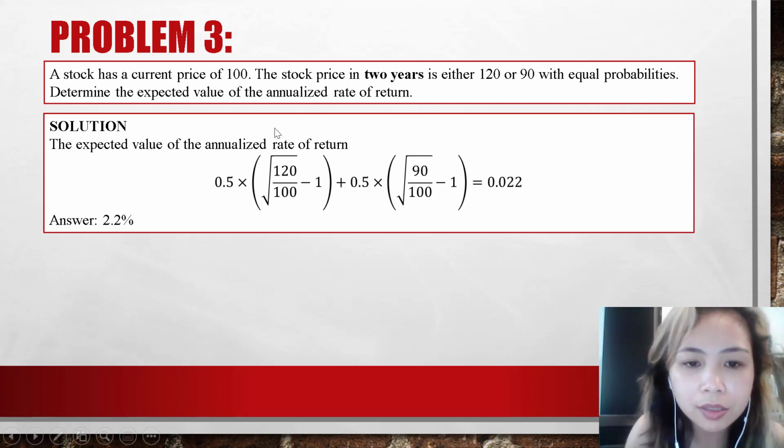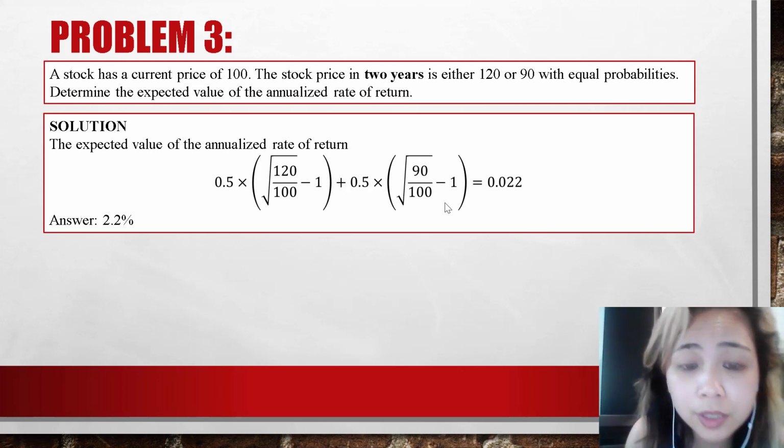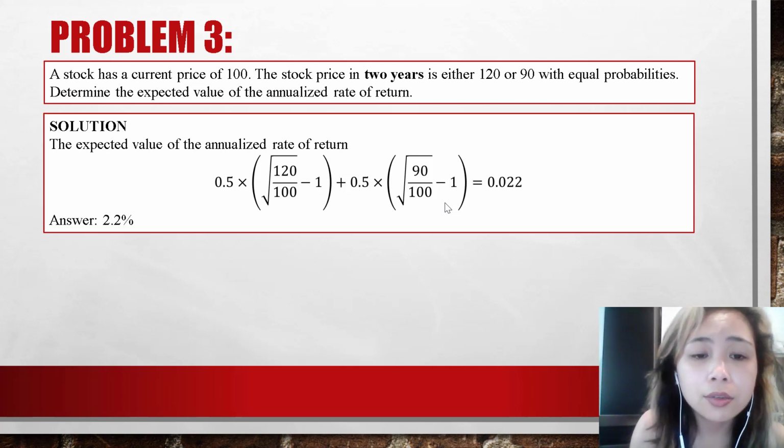This is basic finance, basic FM exam. And similar for the second case, then we take the weighted mean. We got 0.022, or just 2.2%. That's how we find the annualized rate of return and the expected value of the annualized rate of return.